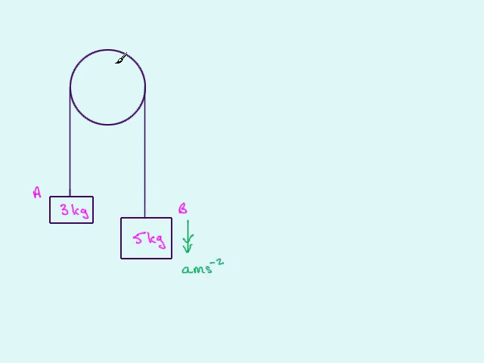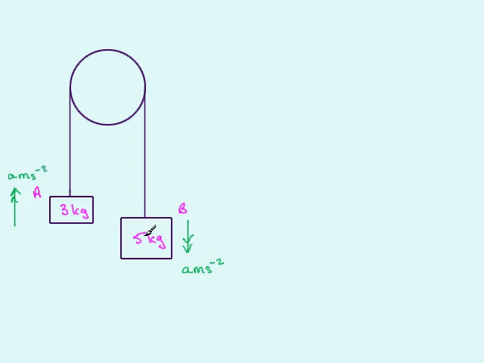Now, because the string is inextensible, that means it doesn't stretch, then as soon as B starts to accelerate downwards, A will move upwards with the same acceleration. So I'll mark that in upwards, okay, double arrow again, and call it a meters per second per second.